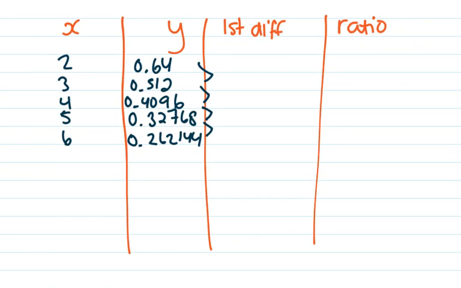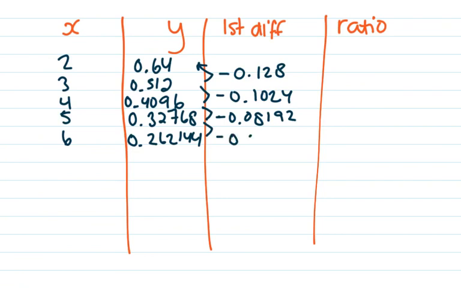You do the second number minus the first number. So it would be negative 0.128, negative 0.1024, negative 0.08192, and negative 0.065536.